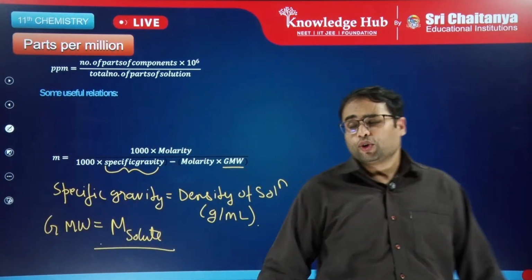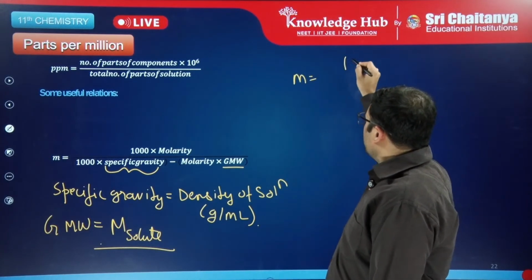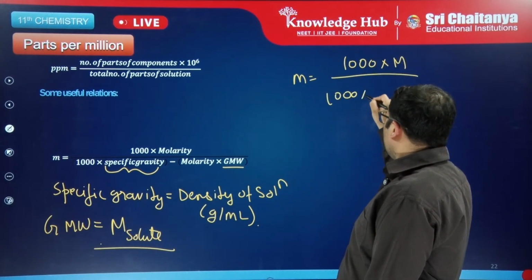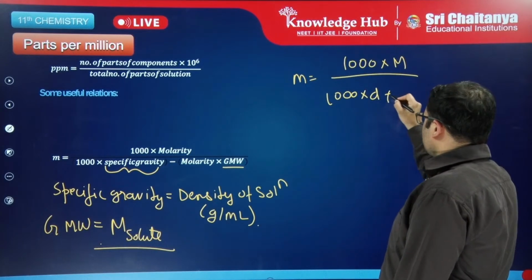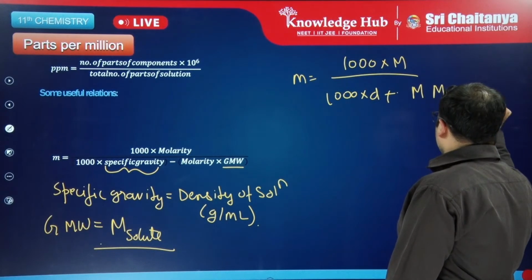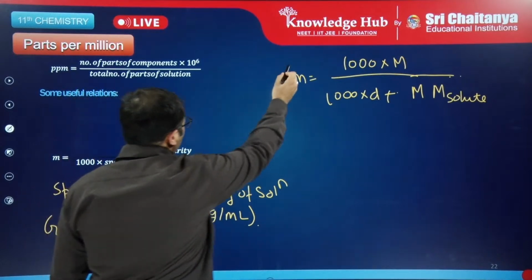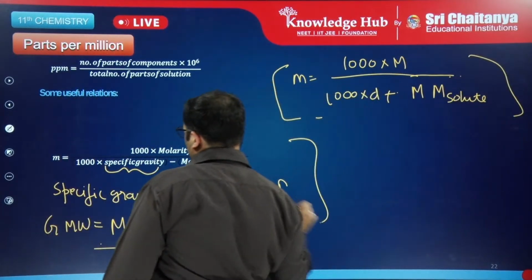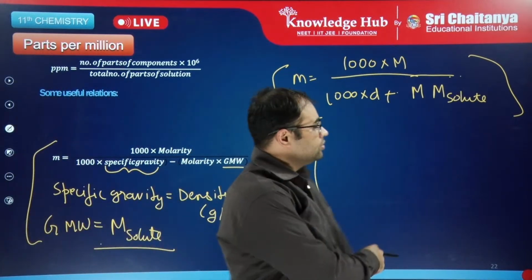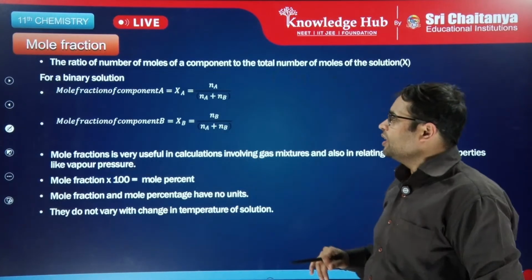So molality can be related to molarity, where you can write it as 1000 times molality divided by 1000 times density plus molality and molar mass of solute, right? You can write it in this form or write it in this form. The choice is yours. Everything works. So this is the relation between molality and molarity.